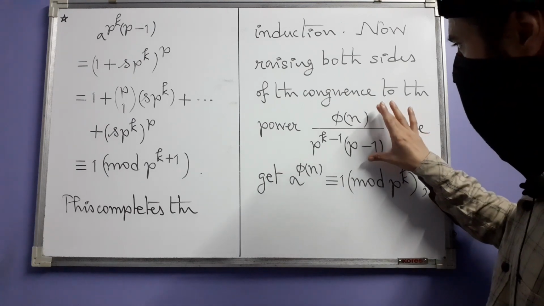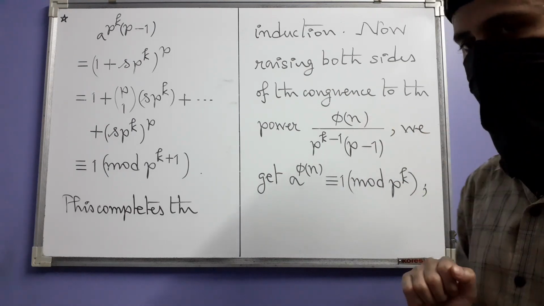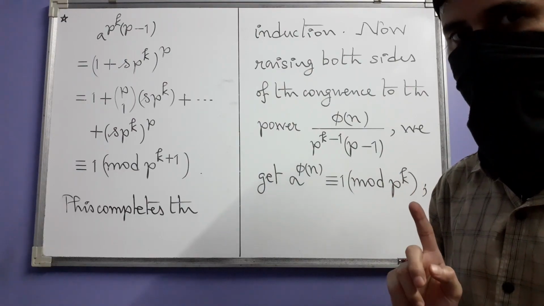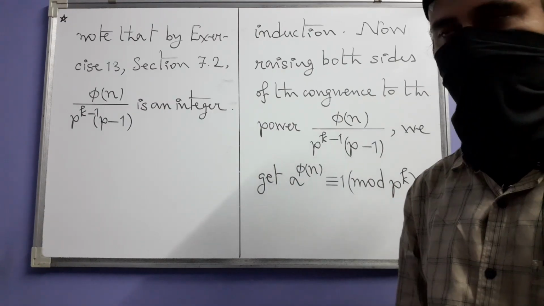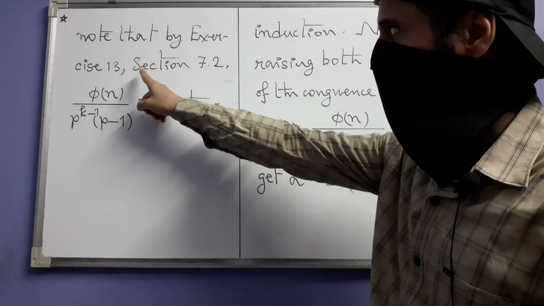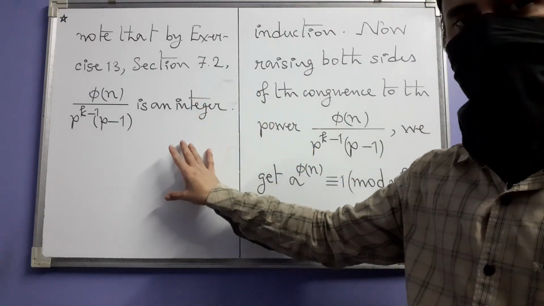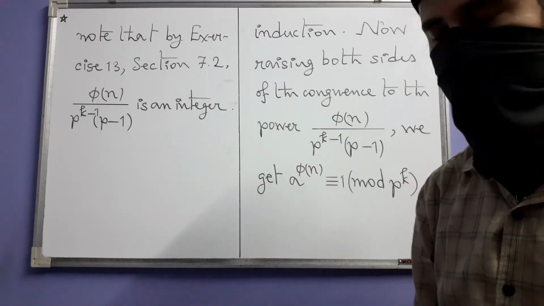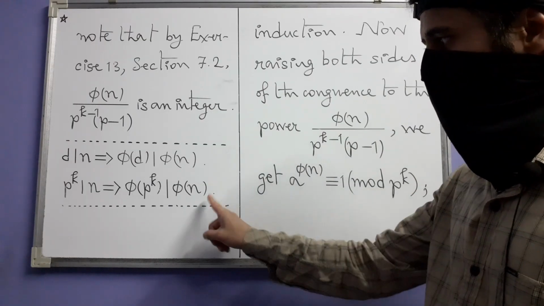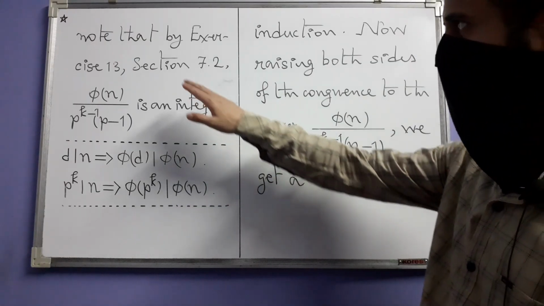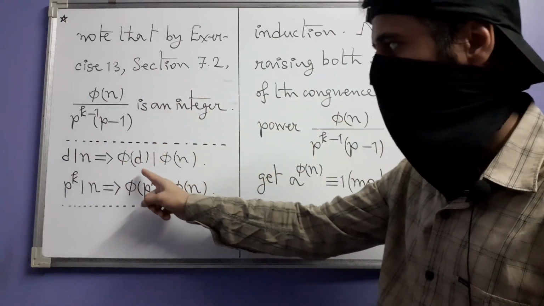But the next question is, why is this an integer? So now we need to address that. And that fact follows from exercise 13 of section 7.2. But I still need to clarify exactly how. And this is the explanation. Actually what this exercise says is this implication.